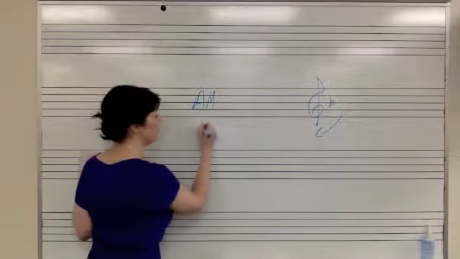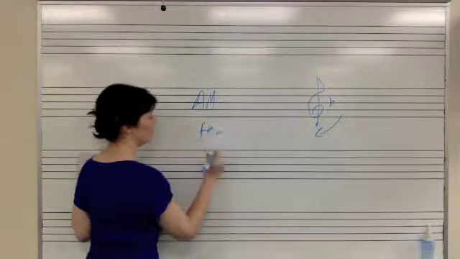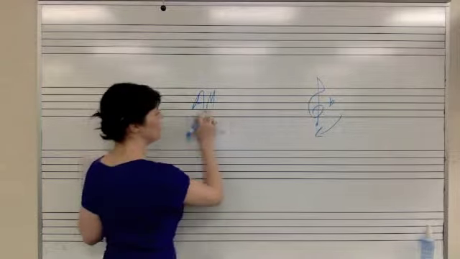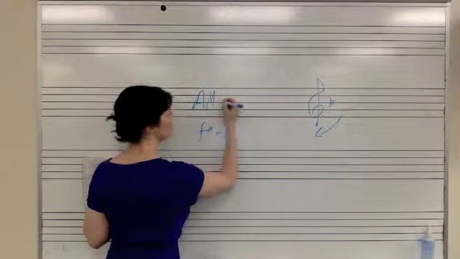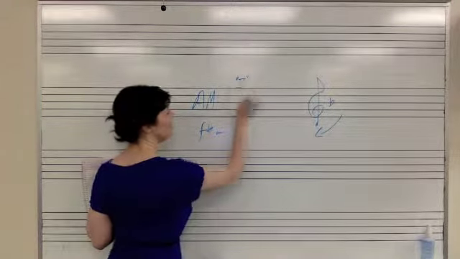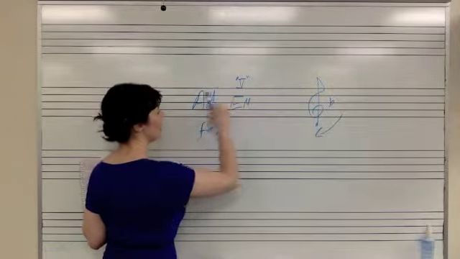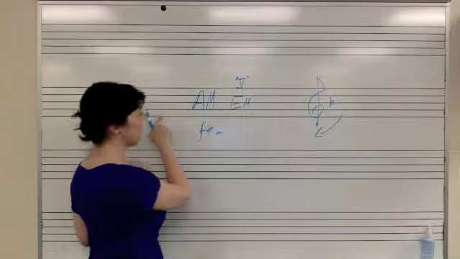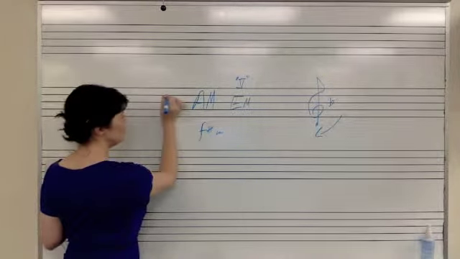So that would be F sharp minor, and then you go up a fifth to the dominant, right? So to the 5 chord, which would be E major. And then we can go backwards a fifth or down a fifth, which would be D major.